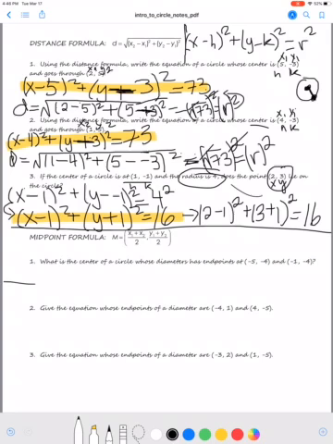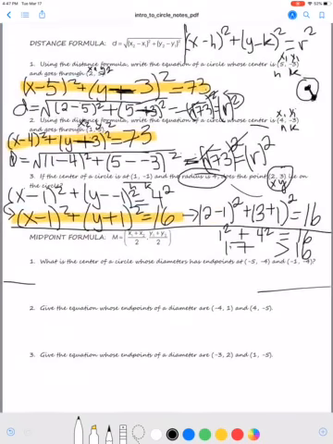When you plug that in, 2 minus 1 is 1, 1 squared is 1, plus 3 plus 1 is 4, 4 squared is 16. I'll do one more line here, so 1 plus 16 gives me 17, and 17 is greater than 16, it's bigger.